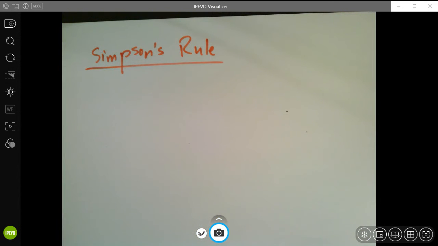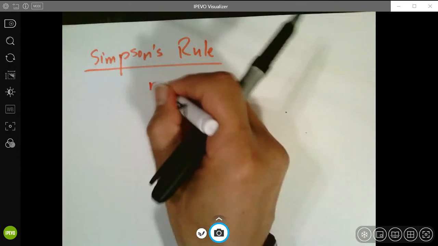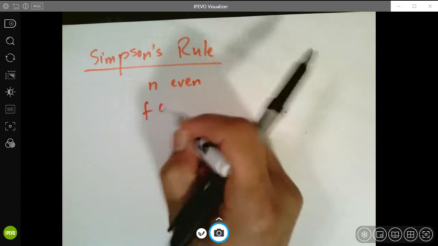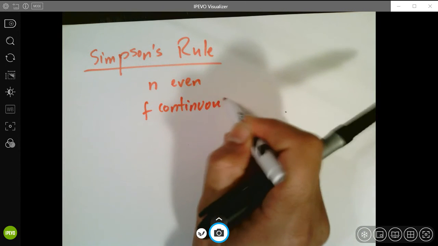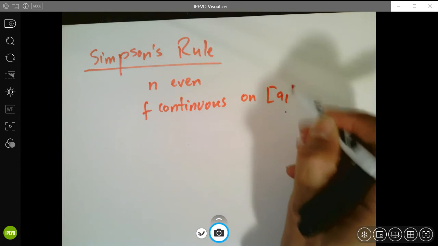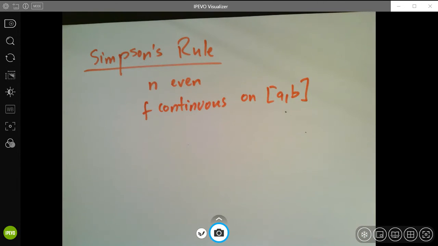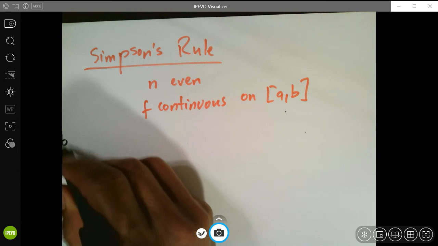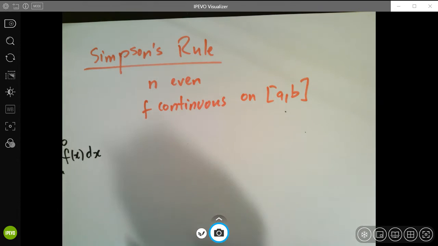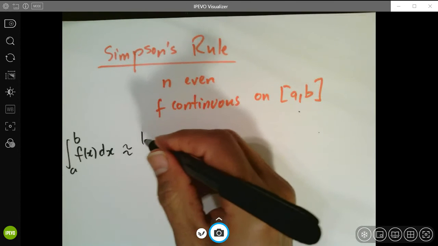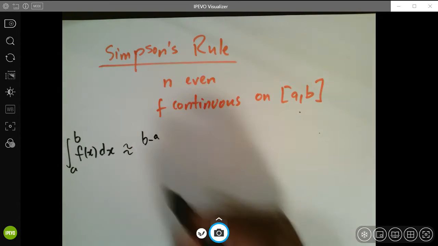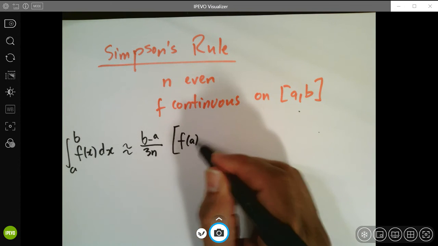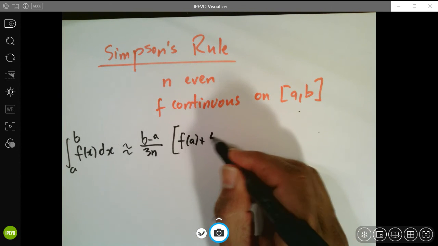tells you the following: if n is even, and f is continuous, of course, on a certain interval [a, b], then you will have the approximation: the integral from a to b of f of x dx is about b minus a over 3n, and you start off with f of x0, which is f of a, plus, and the pattern is 4.